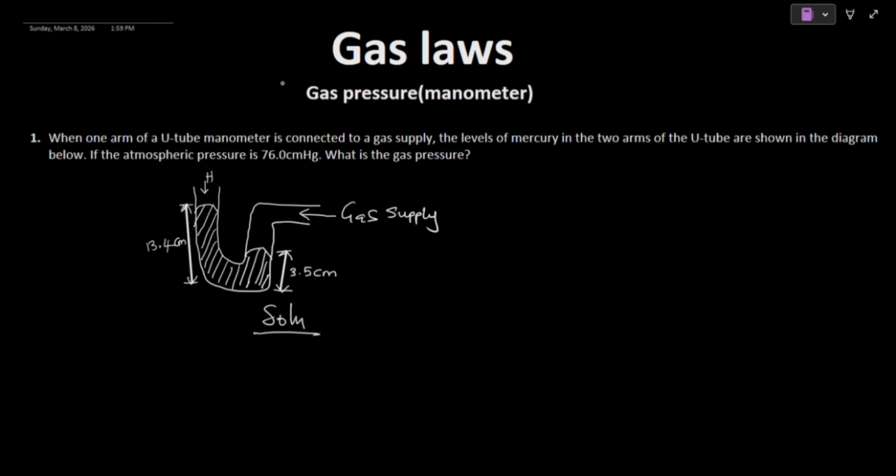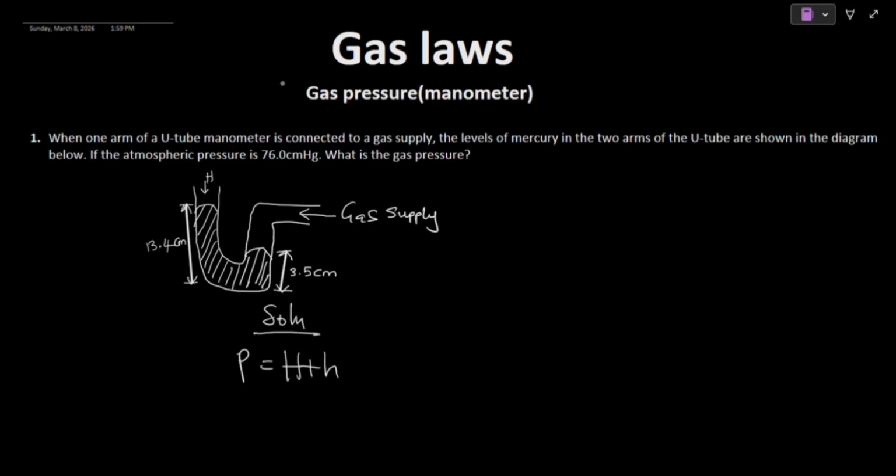So when the gas supply pressure is greater than the atmospheric pressure, we have the formula P equal to H plus h, where uppercase H is the atmospheric pressure and lowercase h is the pressure difference.